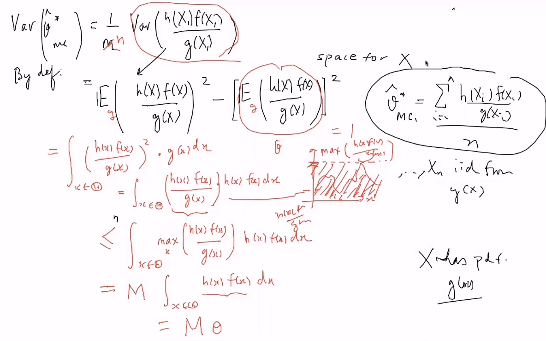So the result is this variance here is bounded by m theta minus theta squared, right? So it's basically equal to theta times (m minus theta), okay? All right, so there is a bound there, right?